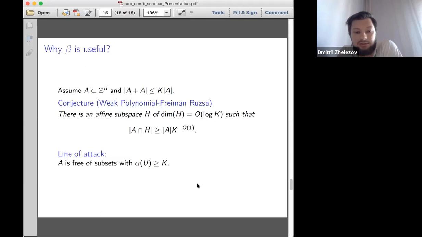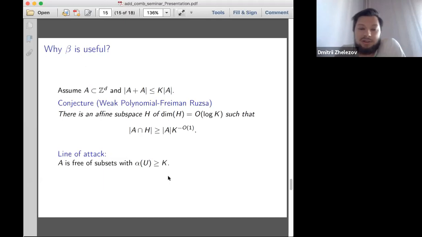Okay, so what can we say in this situation if we know that for some family of sets, alpha is large? Well, it's just a contrapositive statement that says, okay, if we have a set A with doubling k, then A cannot contain subsets with induced doubling k, as simple as that, right?